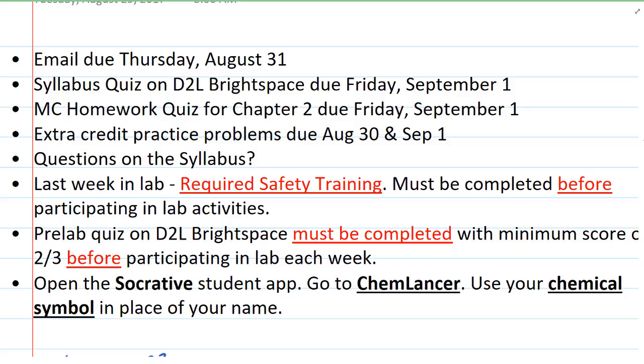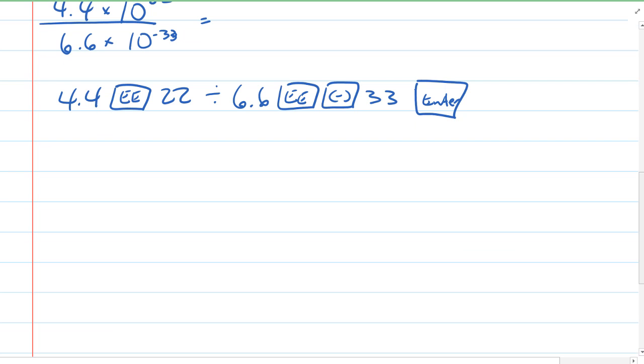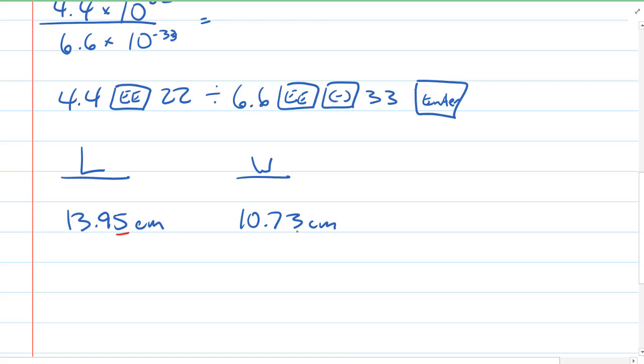Having done that before class, these are the measurements that I took for the length and width. For the length, we have a measurement of 13.95 centimeters. For the width, we have a value of 10.73 centimeters. Remember again that the last digit in each of these measurements is called uncertain.